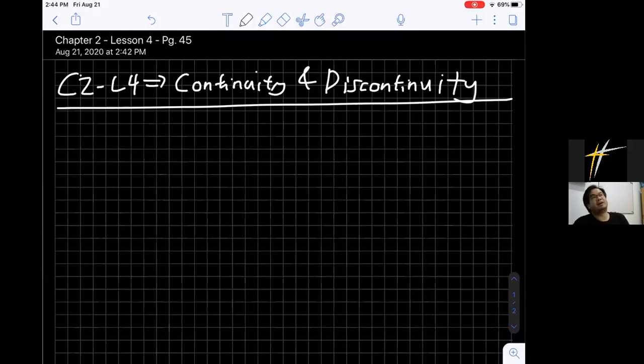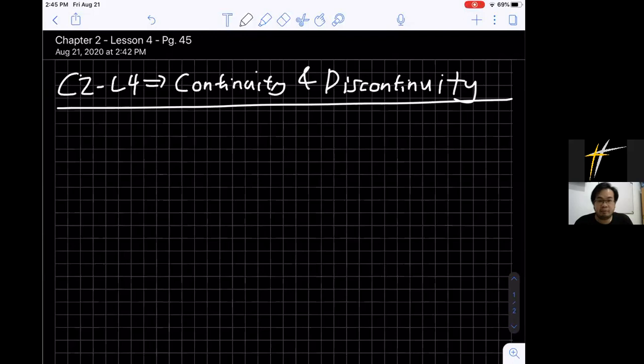Basically, a function is determined as a continuous function if the graph is connected. If the graph is always connected, there are no gaps or jumps, then we can say that it is continuous at a certain point.